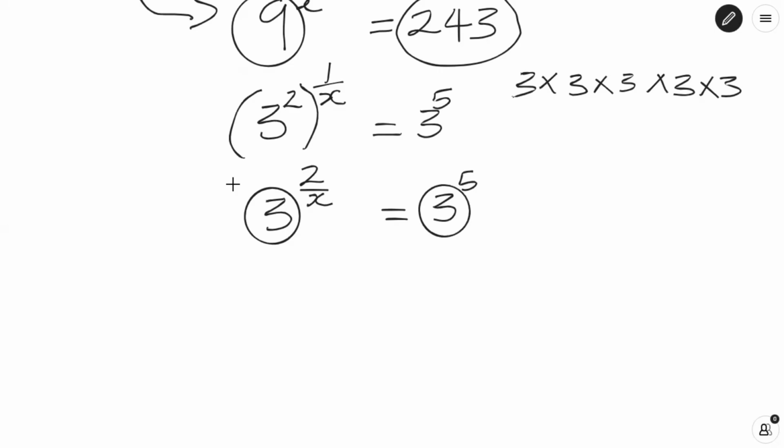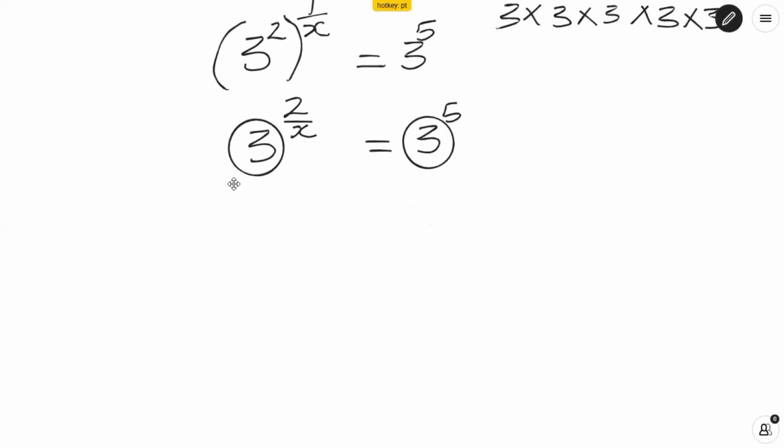Right. So if the bases are equal on both sides, then the powers will also be equal. And so we can use that to find x. So since the bases are now the same on both sides, the powers will be equal.